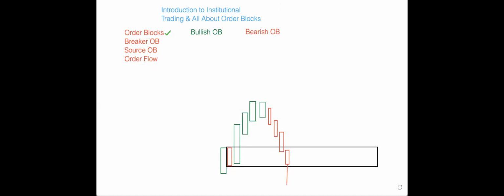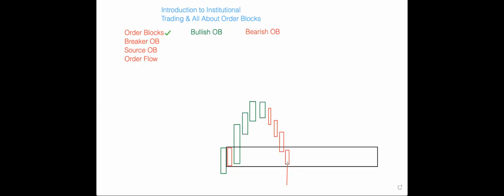If it is giving the wicks outside, no problem, it's still valid, because this is what big movers are doing to take out the stop losses for the retail traders and for other traders. They have big money and they can stay in the market. They don't place a stop loss this short, so automatically they will stay in the market.